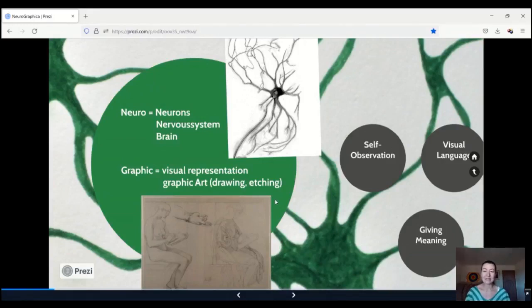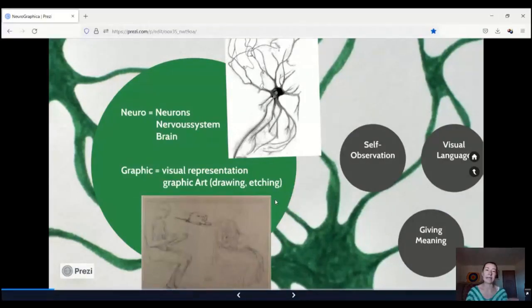So the second part that we're working with is the graphic aspect. And graphic, of course, points to a visual representation, an iconography, a depiction of something in visual terms. And in Russian, the term NeuroGraphica actually means graphic art that works with lines.